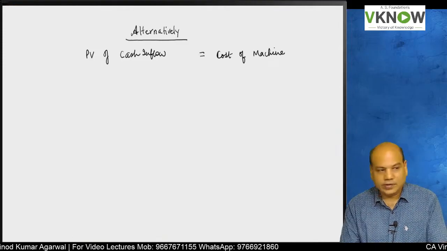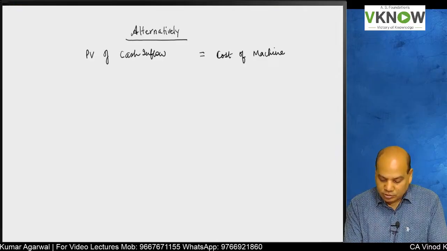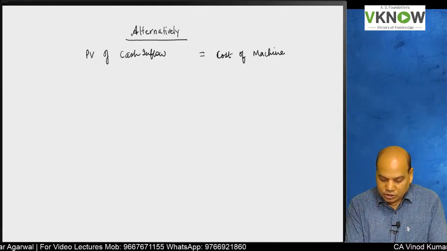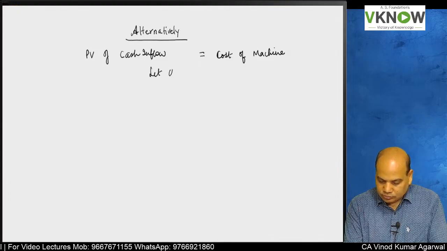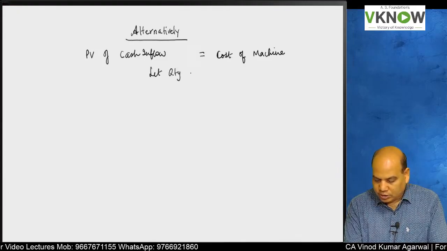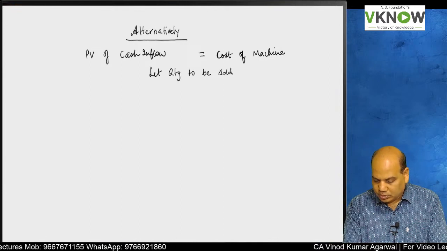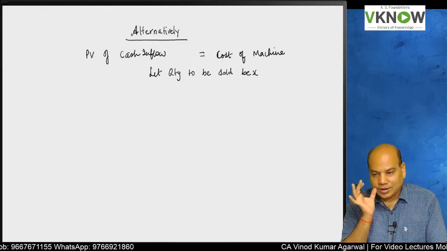If this equation is satisfied, NPV will be 0. And how do you compute cash inflow? Let quantity to be sold be X.